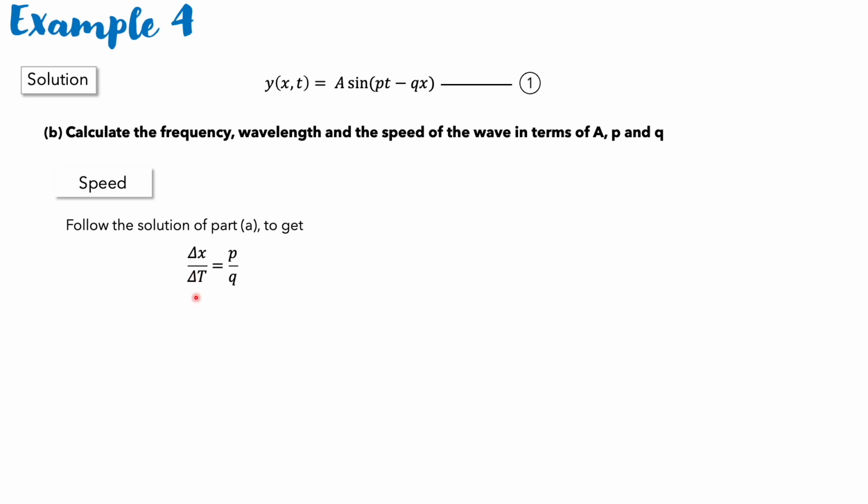You remember the formula, right? So we can simply write that speed is equal to delta x over delta t, and delta x over delta t is equal to p over q, because we have to find out the answer in terms of a, p and q only, right. So this is our answer for this part of the question.